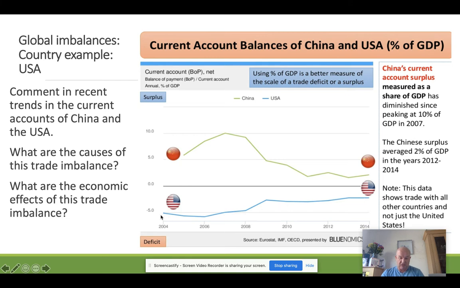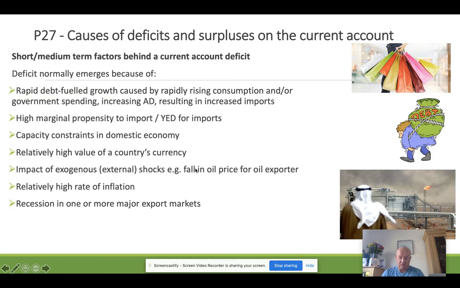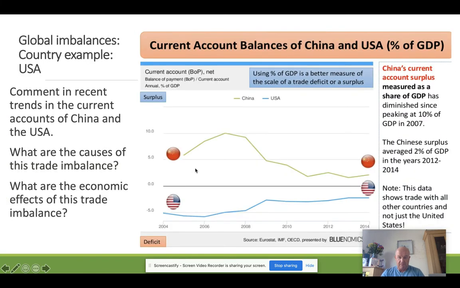You can see here that from around 2008, 2009 maybe, where the surplus for the Chinese economy has fallen a wee bit, the US has actually improved slightly.